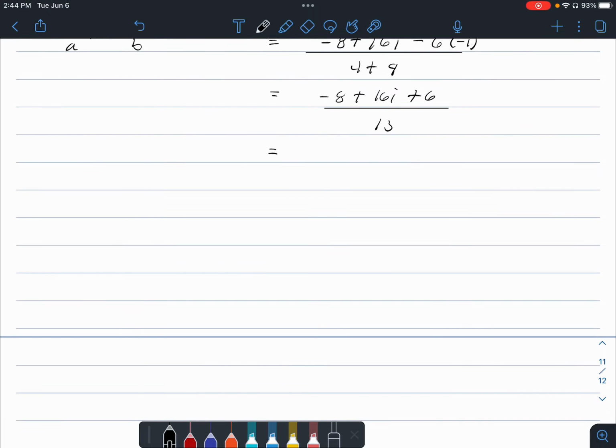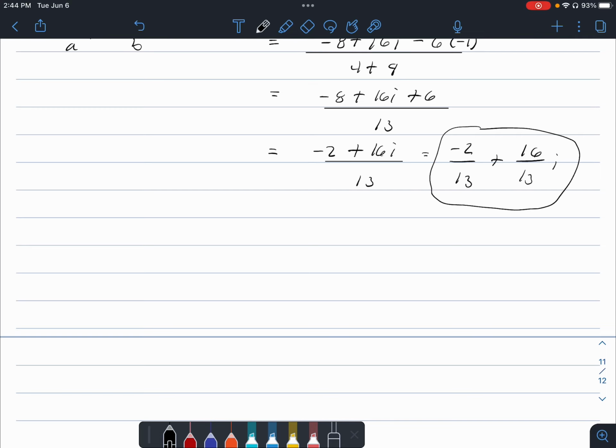Okay, so we have negative 2 plus 16i over 13. But we could just separate this into the real and imaginary components. So we'll have negative 2 over 13 plus 16 over 13i. And there's our final answer.